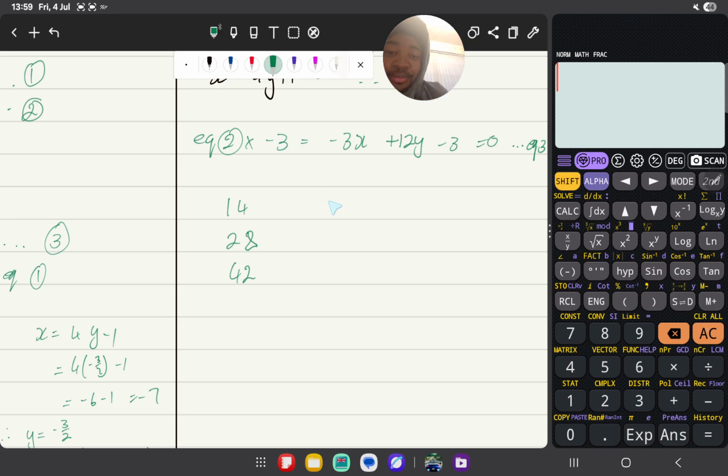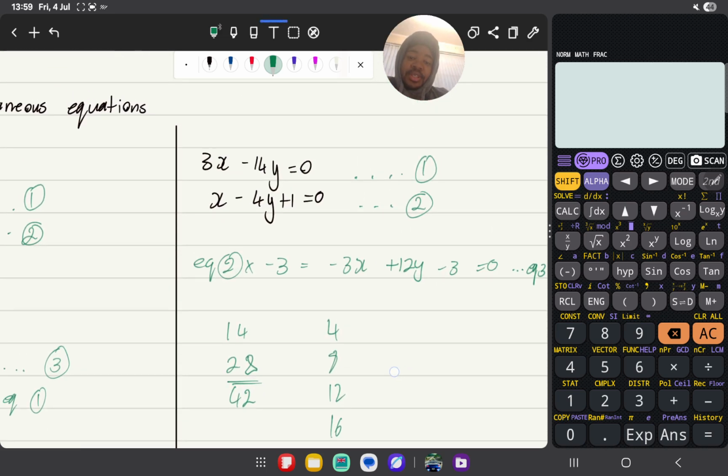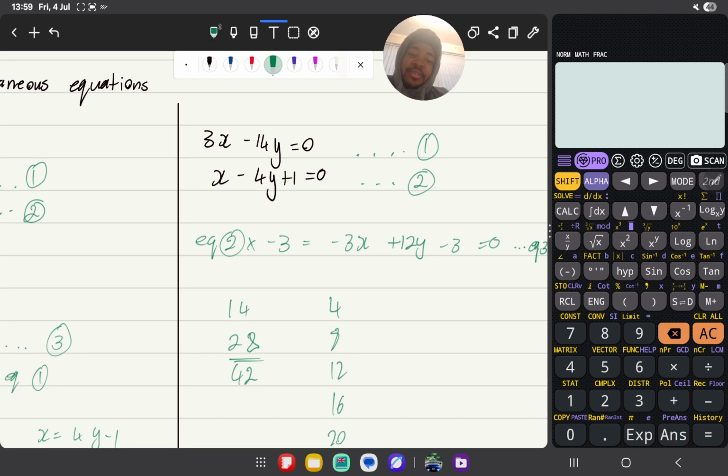So for 4, 8, 12, 16, 20, 24, 28. Do you see that? So that means for me to actually have the same coefficient of y value with different sign, perhaps here let me multiply by 2, multiply by negative 6, I think.